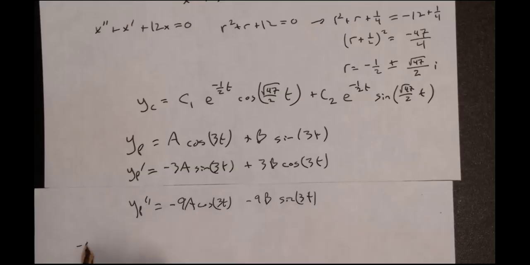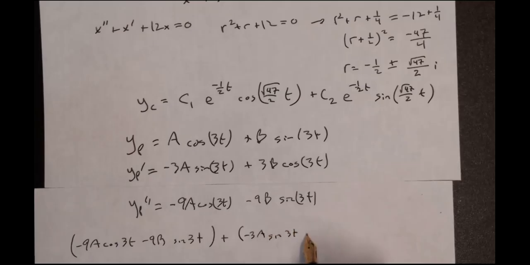Second derivative plus first derivative plus 12 times the original equation equals 20 cosine 3t.